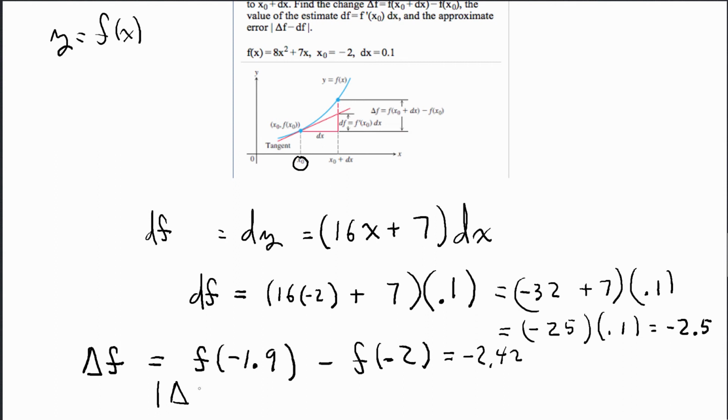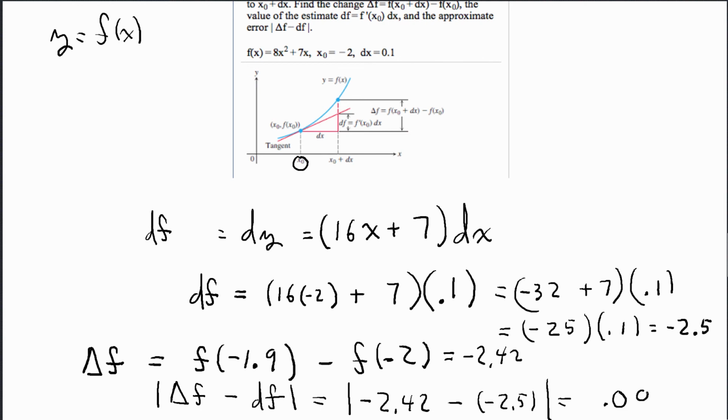If I look at the distance between these two things, what do I get? That's the absolute value of negative 2.42 minus negative 2.5, and that's going to be what? Well, it looks like it's going to be 0.08.